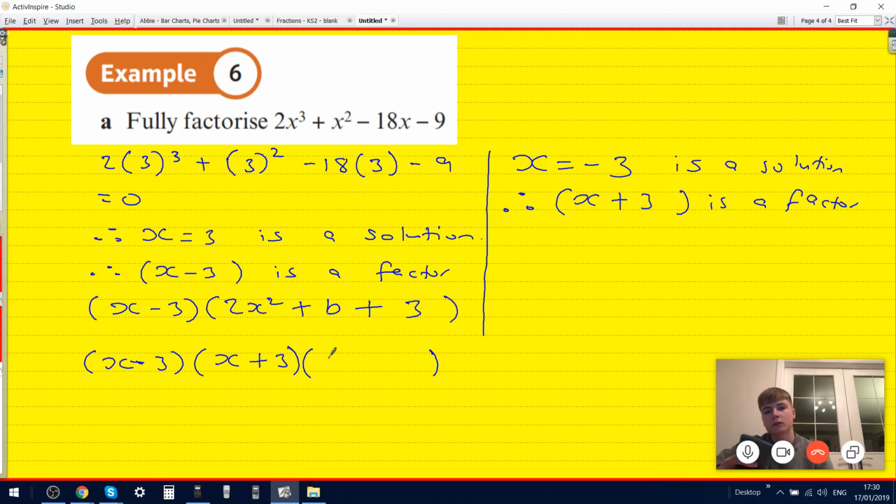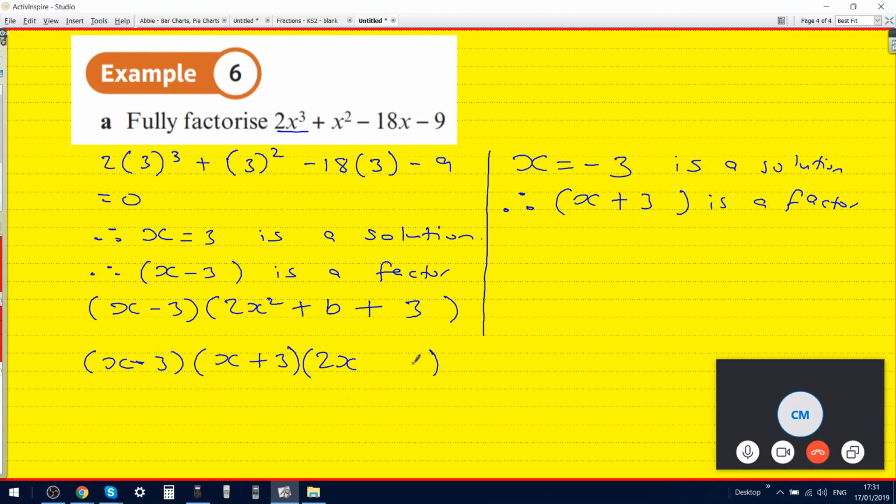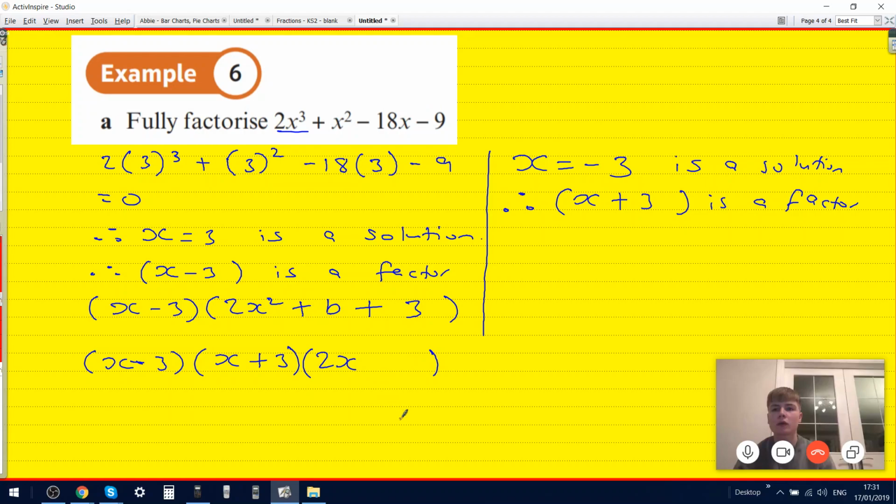I'm not sure. So, well, x times x, what does that give you? x squared. And so x squared times what will give you 2x cubed? 2x. So that's 2x. And then what about the number? 1. What number? So -3 times what will give you -9?